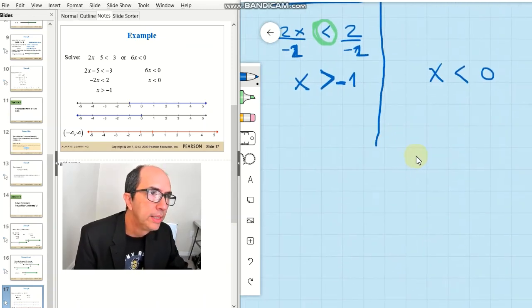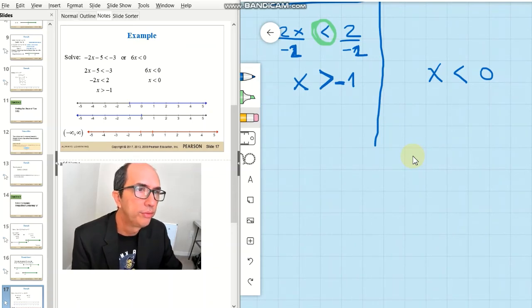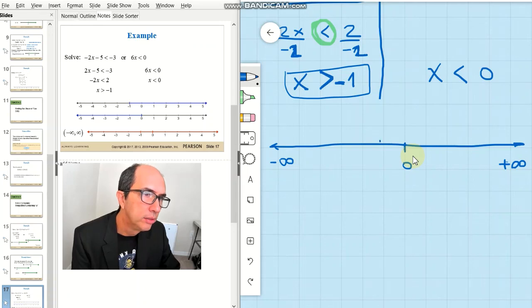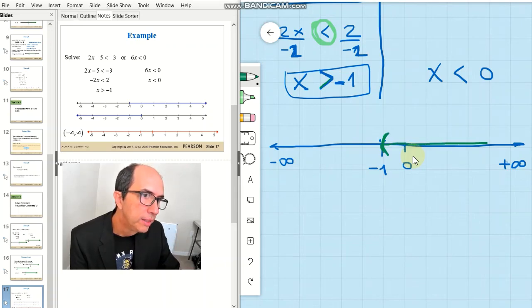Now let's represent the graph of each inequality. First we're going to represent this inequality. Draw the line, the graph from negative infinity to positive infinity. And here is 0. x is greater than negative 1. Negative 1 is here. Let's represent this in green. We don't have equal, so parentheses, and everything to the right side of negative 1 is included in the set.